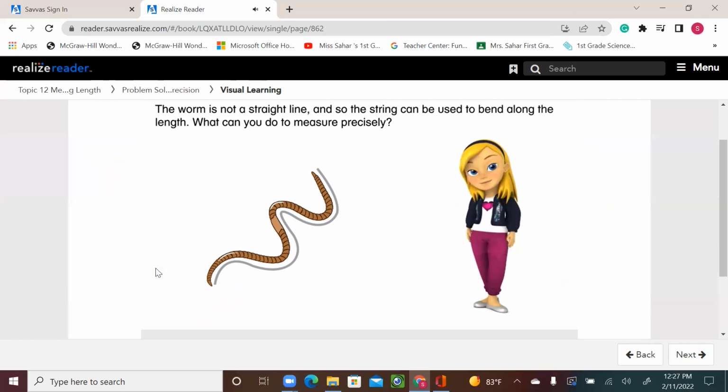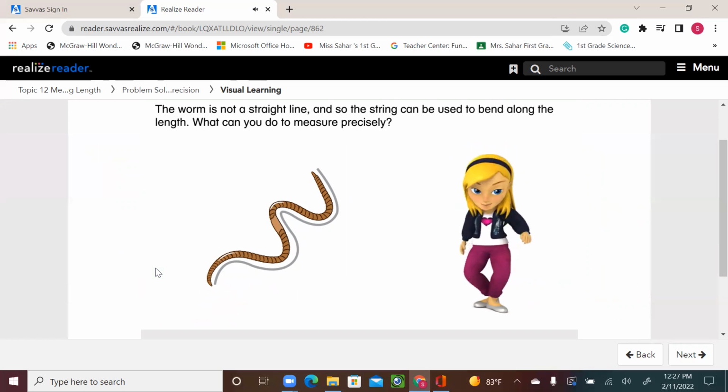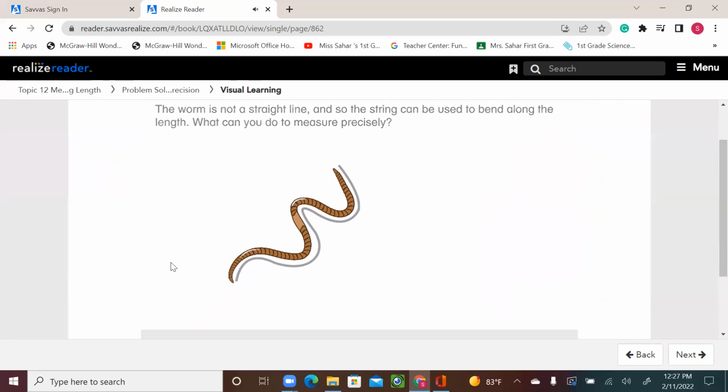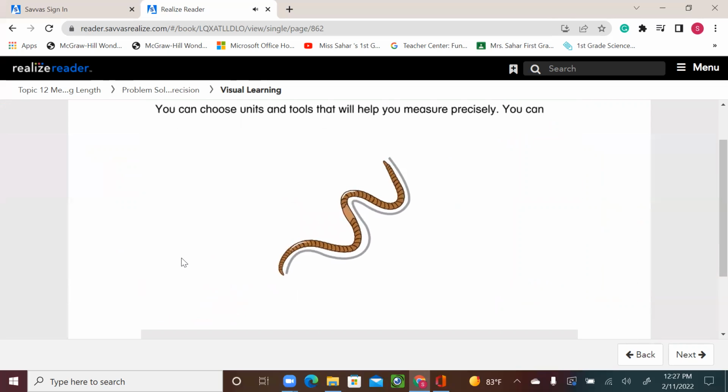What can you do to measure precisely? You can choose units and tools that will help you measure precisely. You can estimate first, choose a tool, start at 0, measure twice, write the unit.